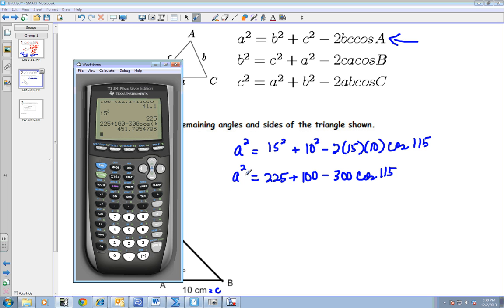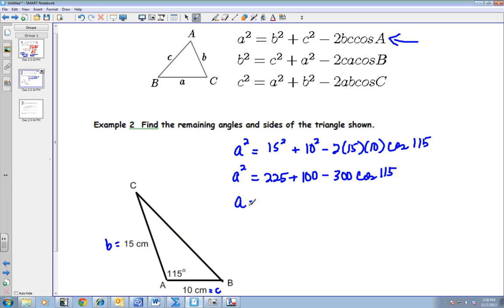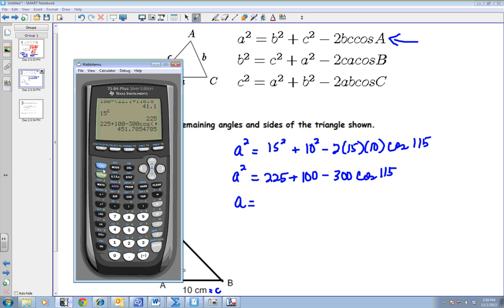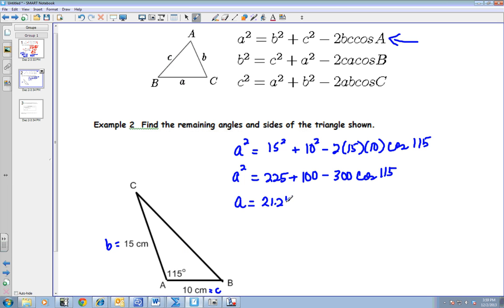Now that's what A squared equals. So if I just want A, I'm going to take the square root of that answer. So second square root, second answer, 21.25. Okay, so that's what side A is, 21.25.